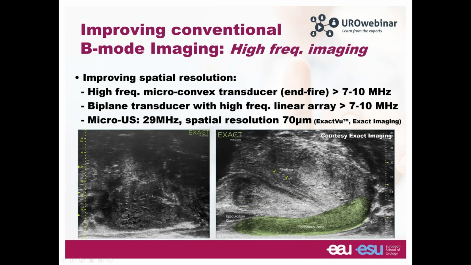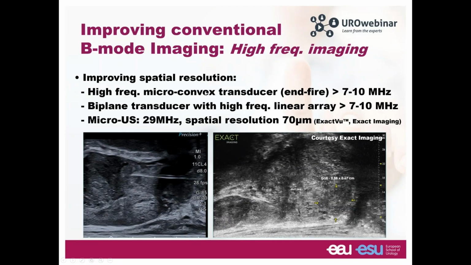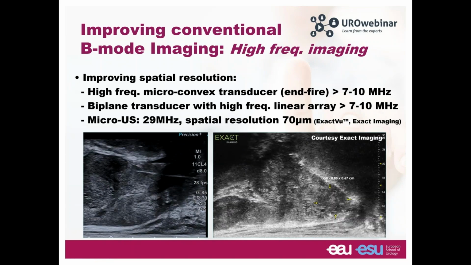Of course, with this technique, we're detecting so many lesions that a score has been developed to avoid biopsying some of the very small or the very benign pattern lesions. So using that score, it is possible to improve the characterization of the nodules.